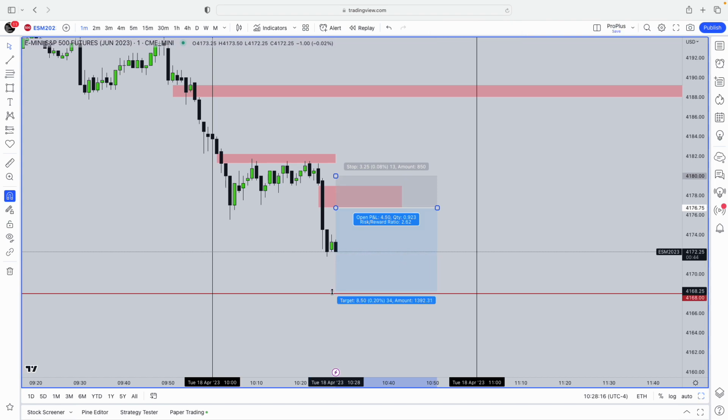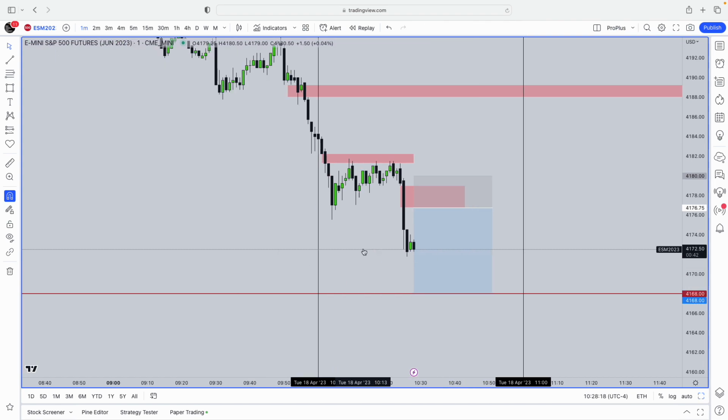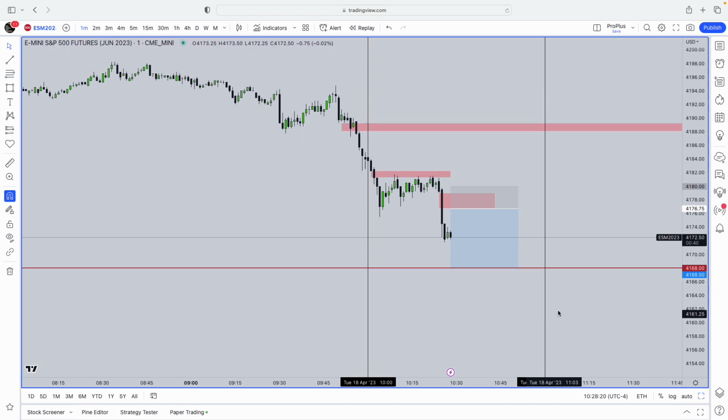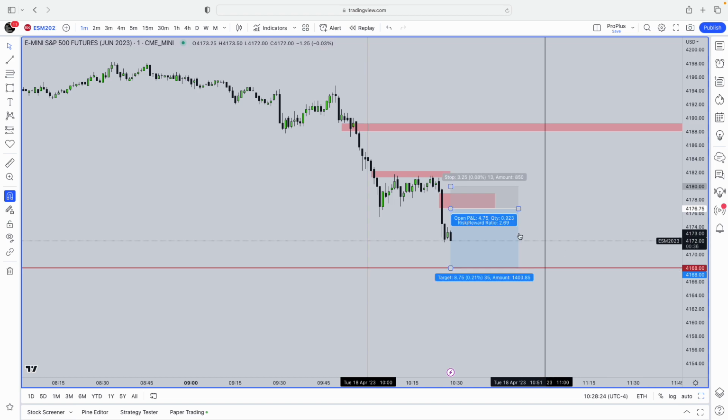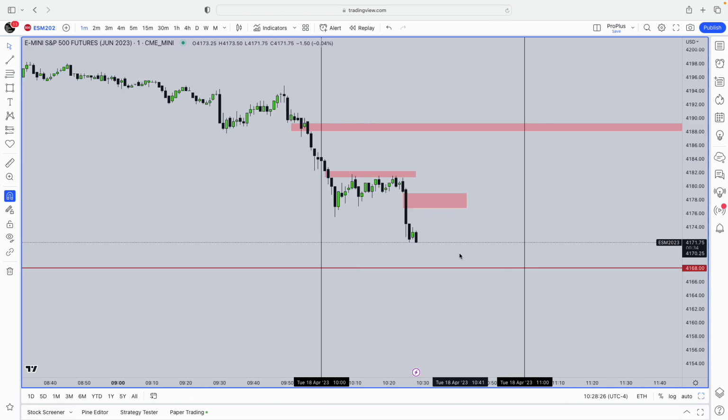So 5 handles. It would be 76 to 68. So yeah, 5 handles. But that's the full fair value up here. Make it a bit neater.